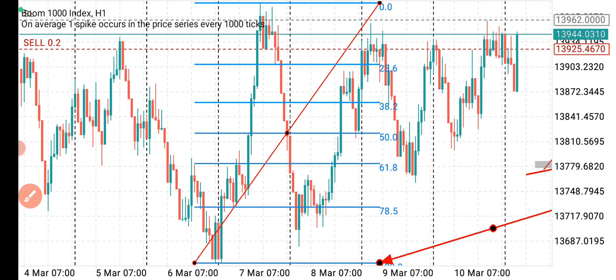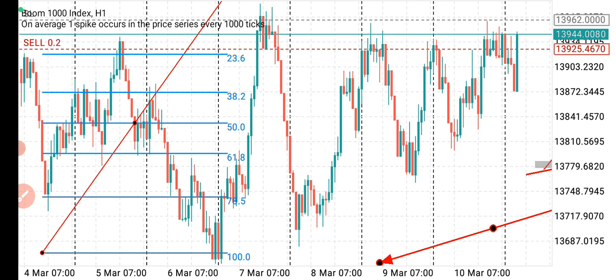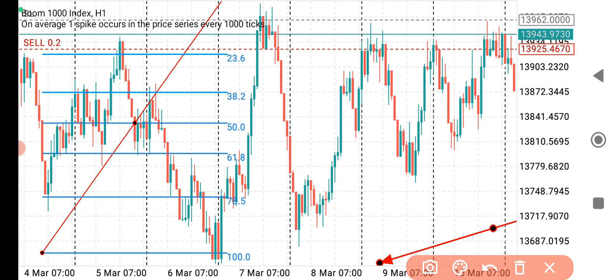So having established that, we now have a new formation of leg, which is this one and this one. Okay, let's forget about the perfect move of the structure first. The most important thing is how to use your fib to identify reversal.